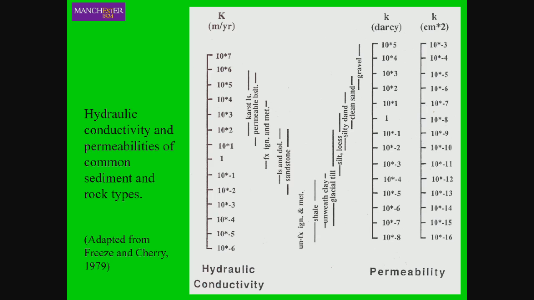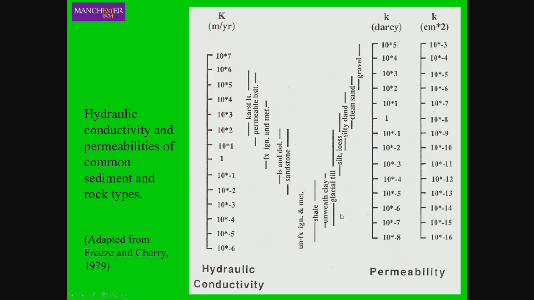I think just to simplify things here, I'm showing hydraulic conductivity for water and permeability and comparing them for different rock types. But bear in mind they're different, and in the next few lectures we're going to explain in detail how they're different. So, what are some of the key features of looking at these? You can see these are log scales.